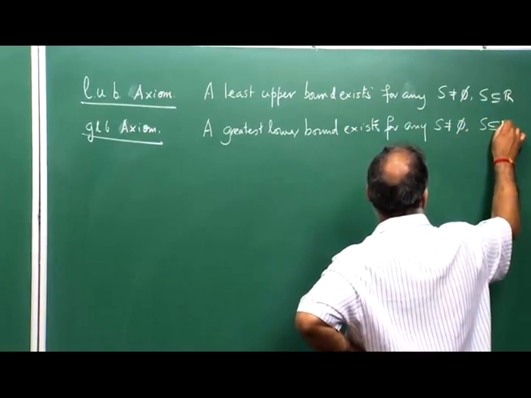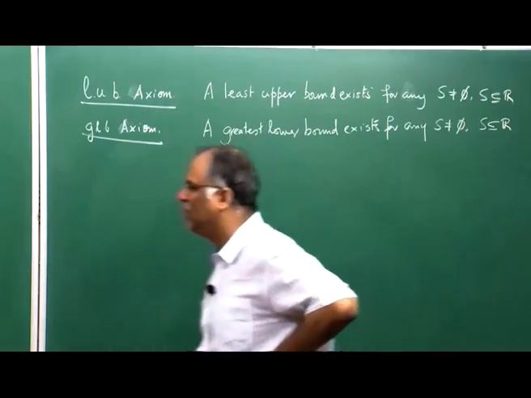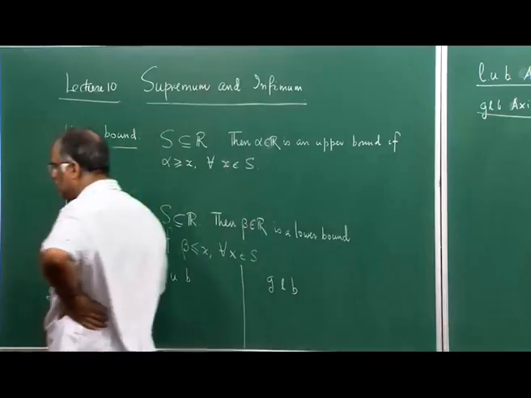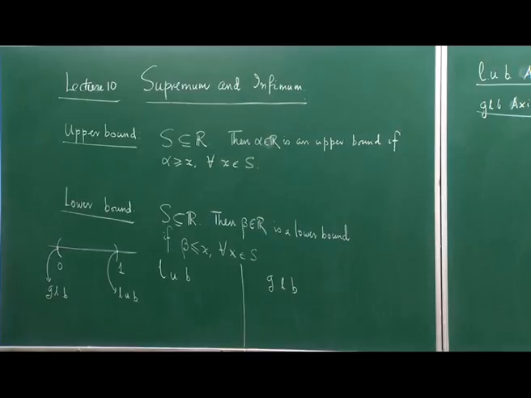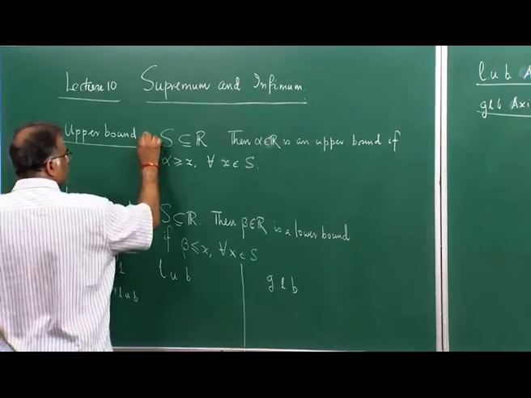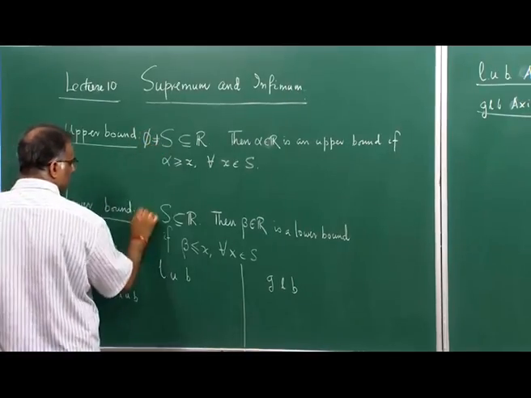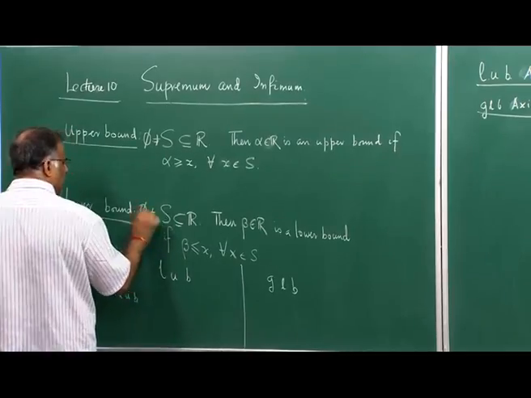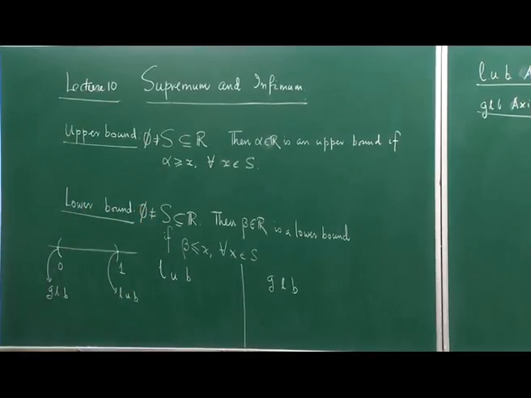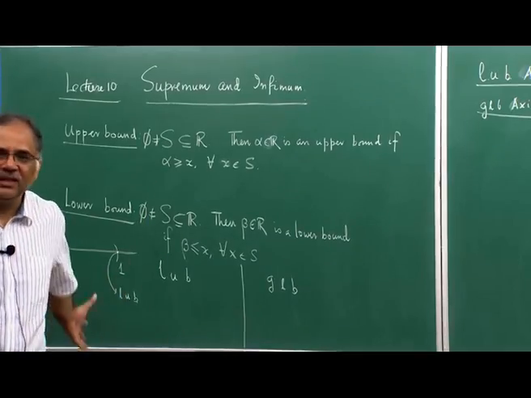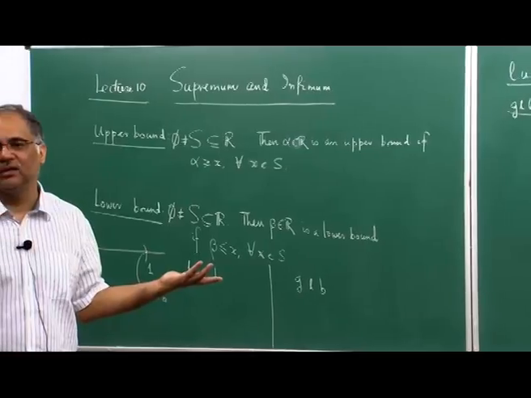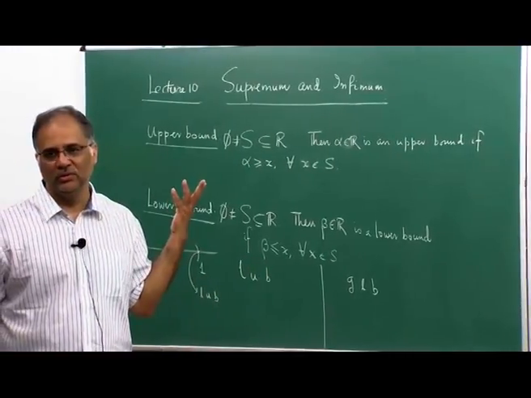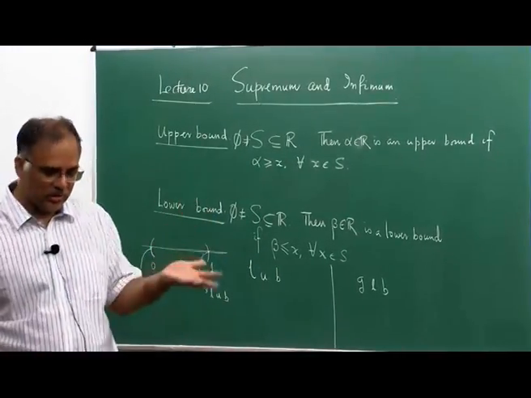Now, obviously, whenever I was discussing upper bound and lower bound, because I mentioned x element of S, in hindsight I was assuming that this set must be non-empty. Otherwise, if you take the empty set, this is called vacuous reasoning in mathematical logic: because there is no element, I can say that every real number is an upper bound and every real number is a lower bound.